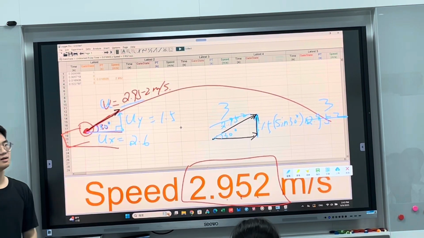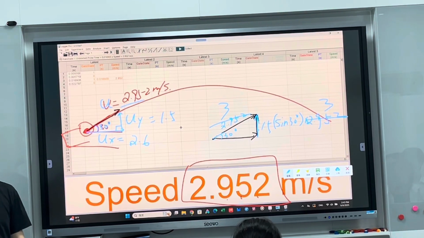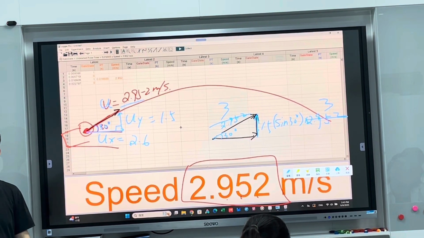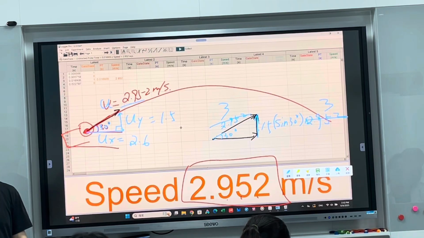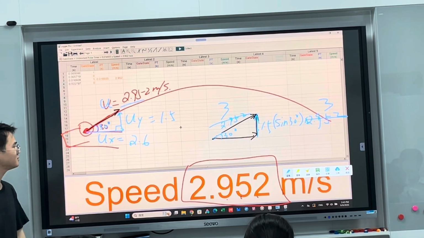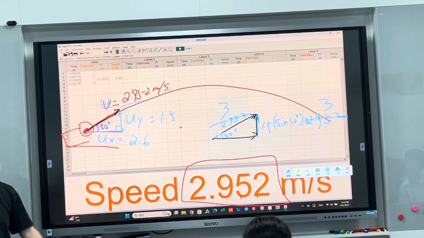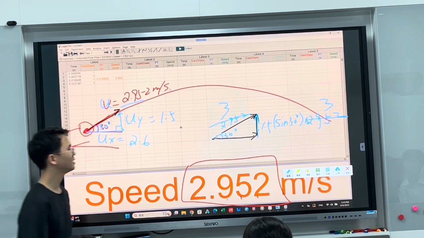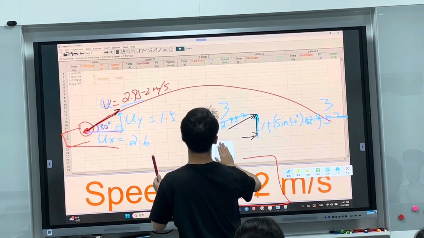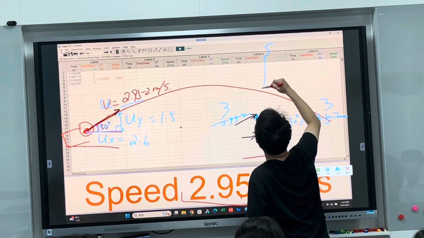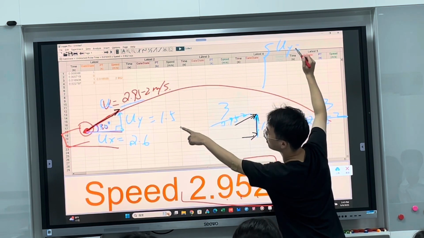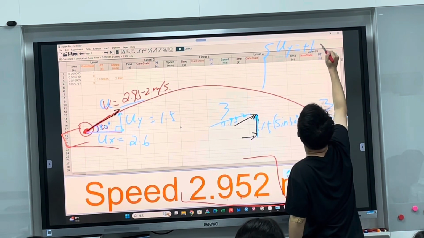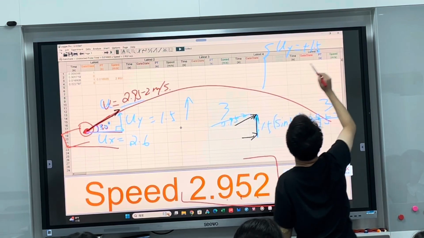So, what do we know about the x direction? 2.6, constant. And what do we know about the y-axis? 1.5, it's the initial velocity. Let's list out what we know. For now, we know that uy equals positive 1.5 meters per second because it's going up.